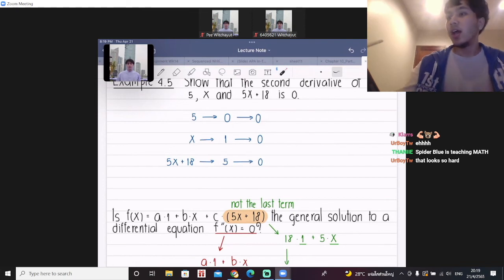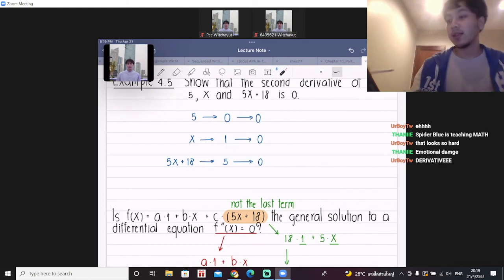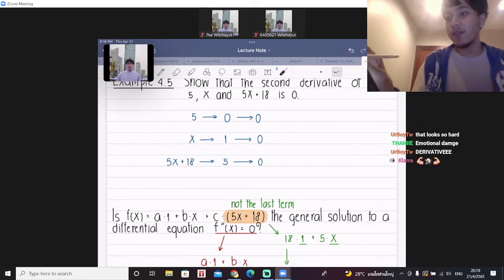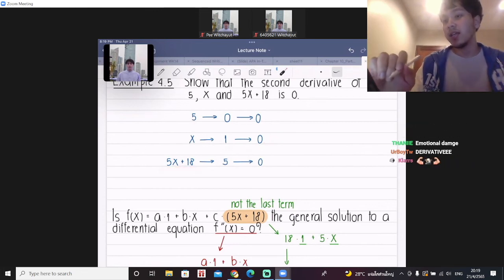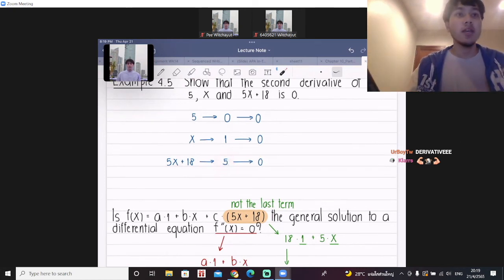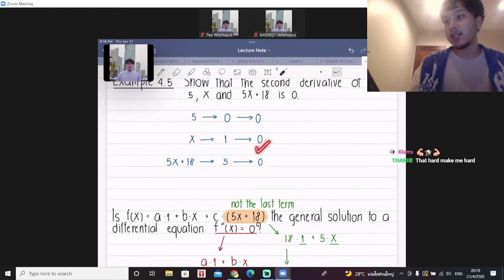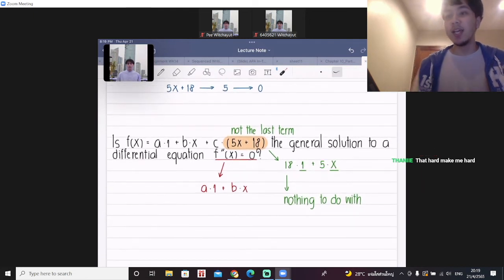For x, the first derivative equals 1 and the second derivative equals 0. For the last one, 5x + 18, the first derivative equals 5, and the second derivative is 0. Easy, right? That's mathematics, guys.